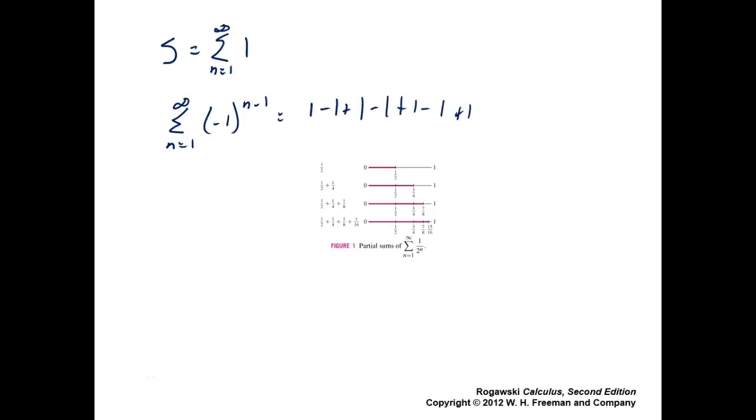It doesn't diverge to infinity. It doesn't get infinitely large, but it never converges. It's a new sequence that doesn't converge. So, as I said, it's sort of easy to give examples of series that diverge, that do not converge.